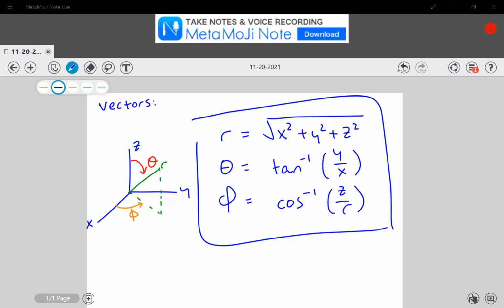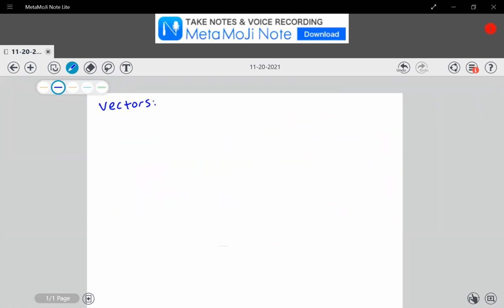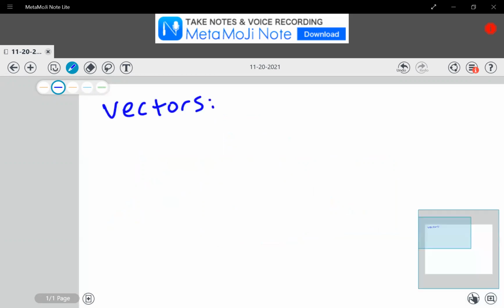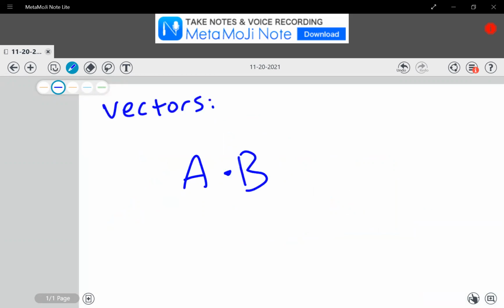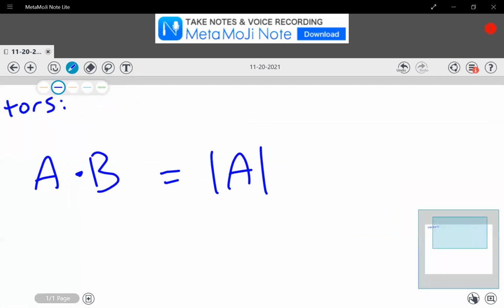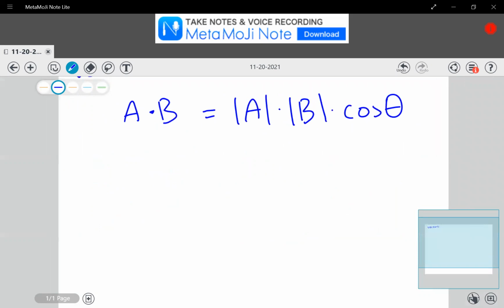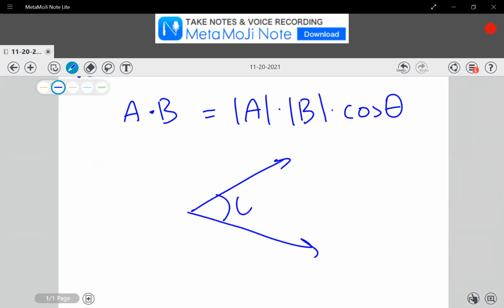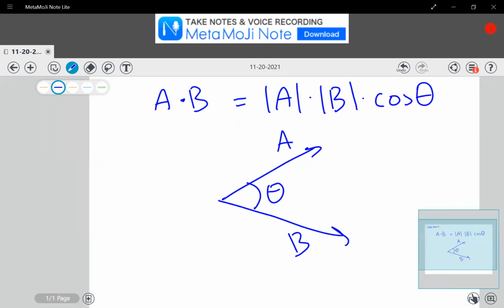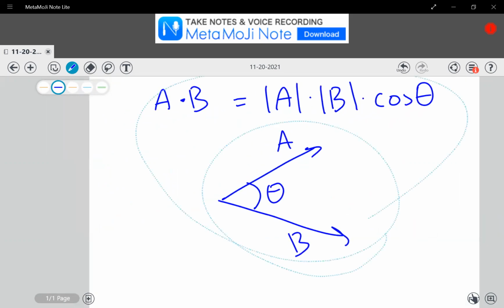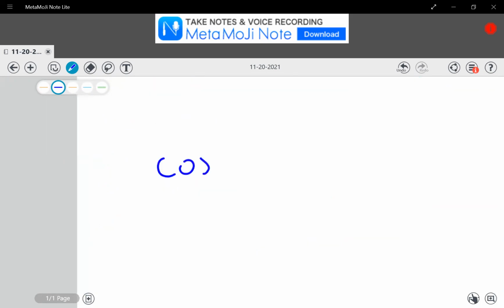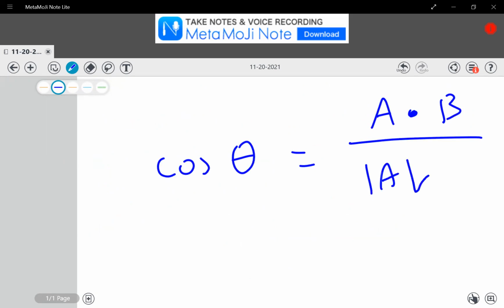Now we've got something called the scalar product. The scalar product is essentially calculated as A dot B, which is equal to the magnitude of A times the magnitude of B times the cosine of theta, where theta is the angle between vectors A and B. Cosine of theta is also equal to the dot product between A and B divided by their magnitudes.